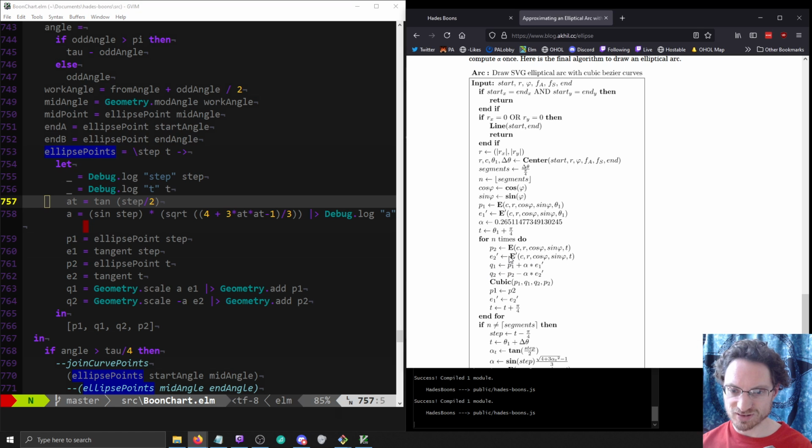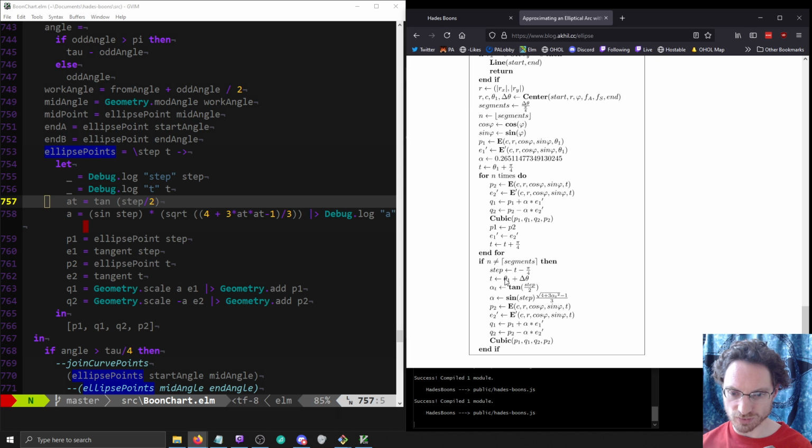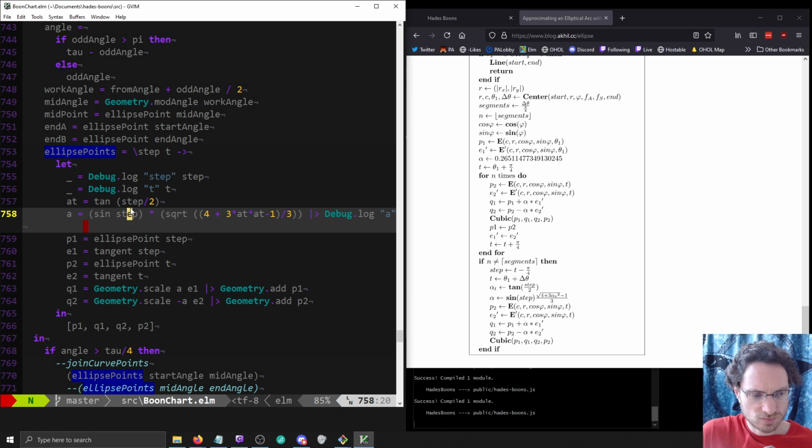Now, we called this step, but it looked to me like it was the old angle. I wonder if this is a mistake. Like it was backing up T. But step sounds like it's the sweep.